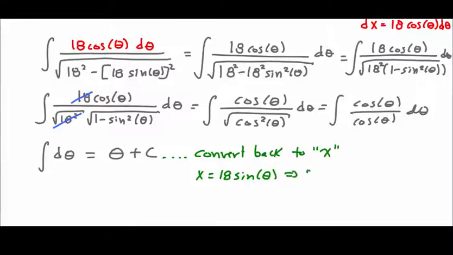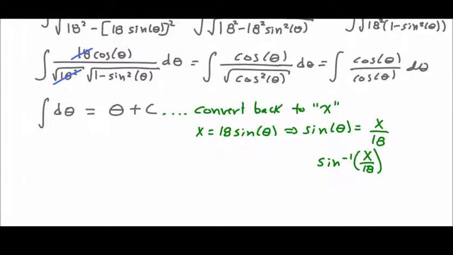So if I solve for sine theta here, I get sine theta equals x over 18. And then to solve for theta, I would take the inverse sine of both sides, so this would be the inverse sine of x over 18. Okay, so again, inverse sine of x over 18. So this would equal inverse sine of x over 18 plus c, which is your constant of integration.